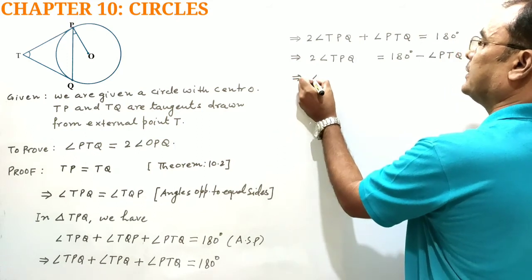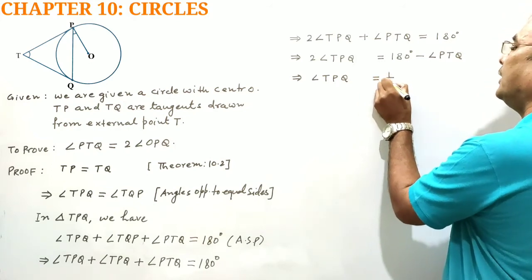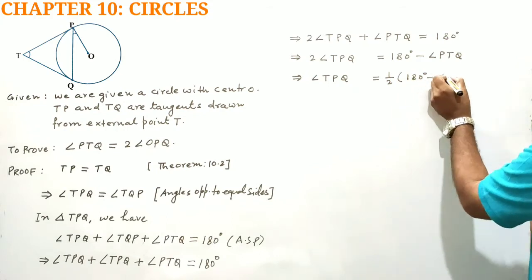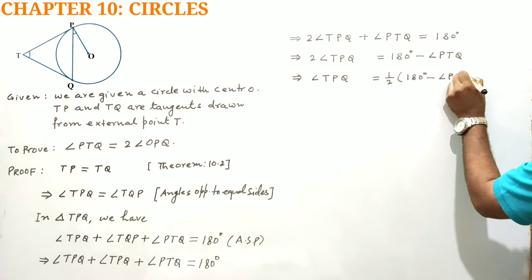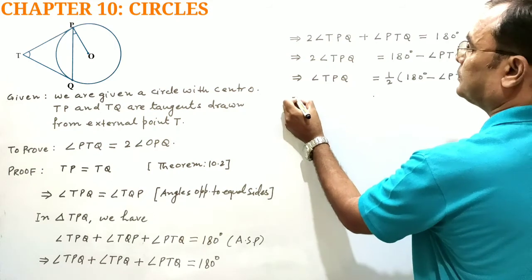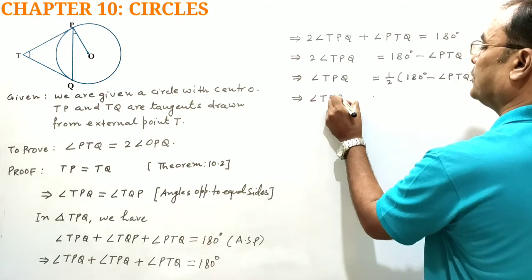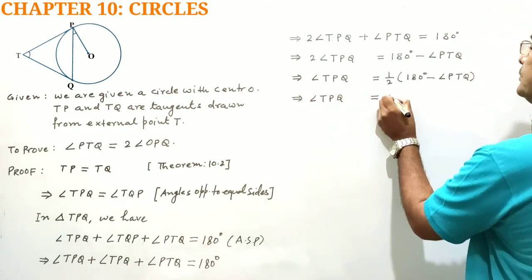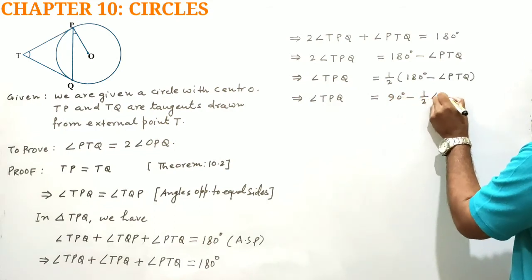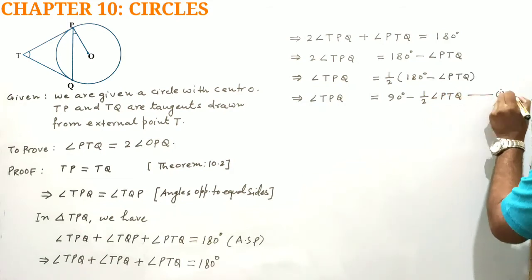And this implies that angle TPQ is equal to half of 180 degrees minus angle PTQ, or we can say angle TPQ is equal to 90 degrees minus half of angle PTQ. Let it be number 1.